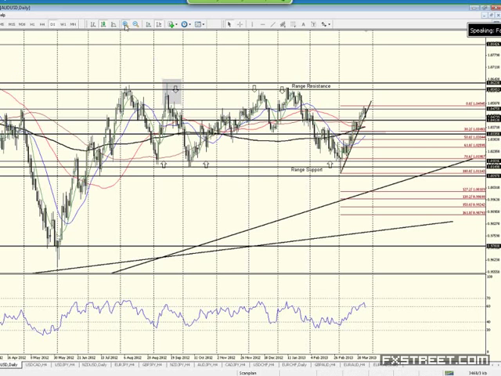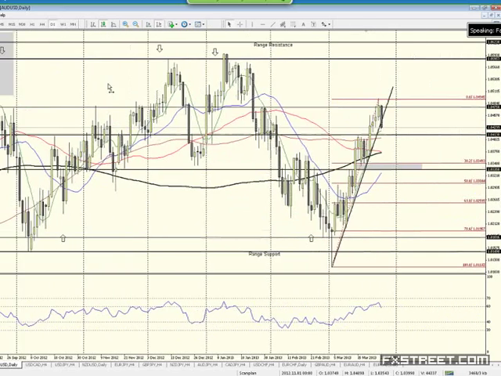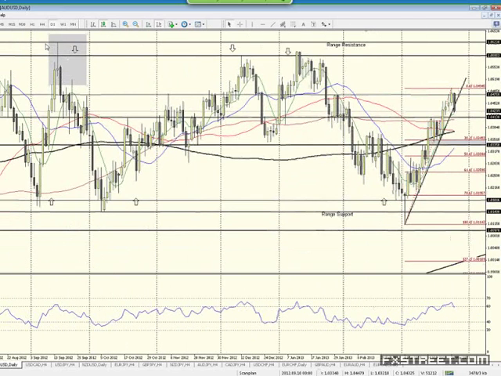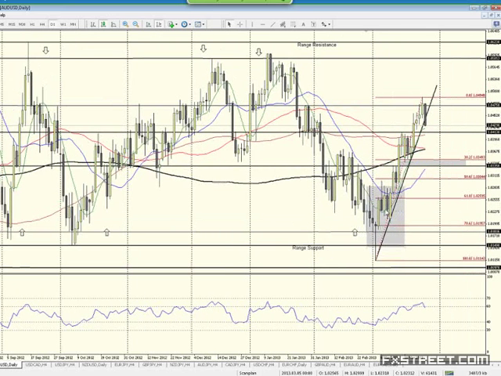We had a push above the previous high here, but then an immediate retreat. Here we had a push below the previous low, and then an immediate retreat to the upside. So this was a nice little one to catch.